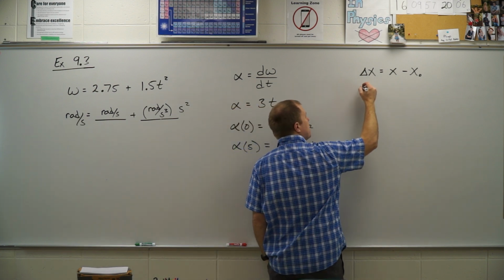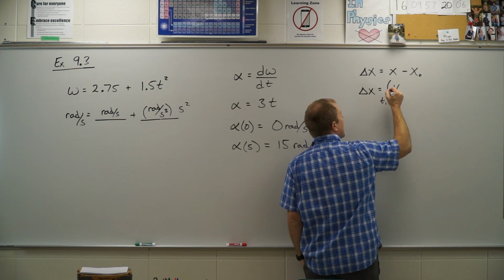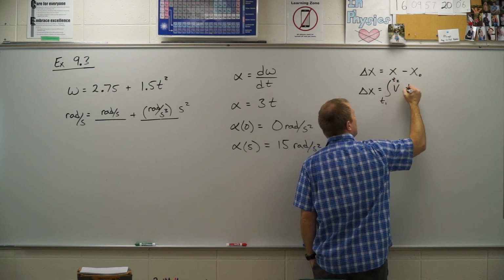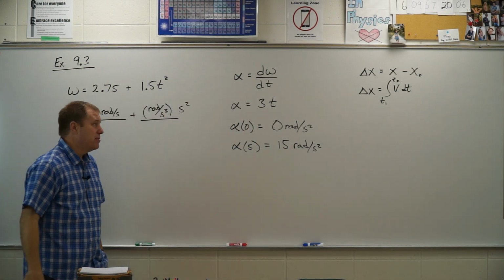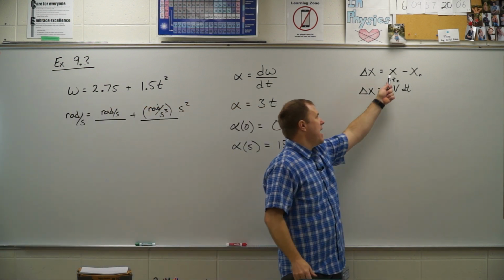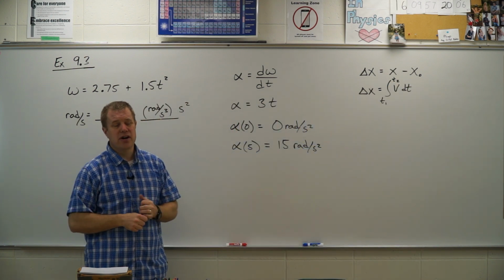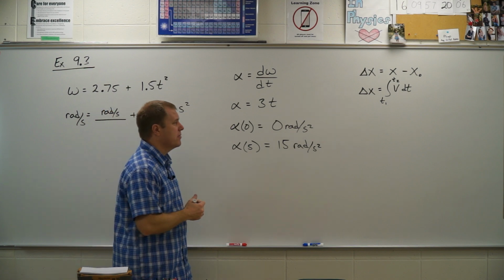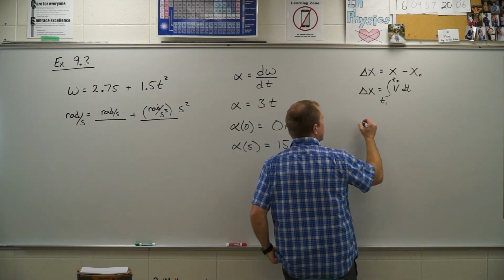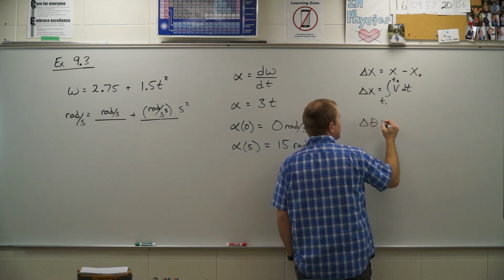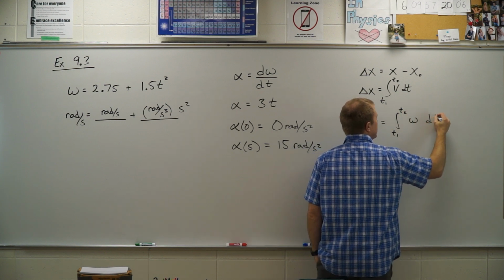Or I can say it's equal to the integral from time 1 to time 2 of my velocity function dt. That's the method I'm going to use here, because in order to get my x and my x naught, I would need to know where it started. I could just choose it to start at 0, but let's do the second one, because we can just math 9 that thing. So for the first 2 seconds, similarly, delta theta is going to be the integral from t1 to t2 of my omega function dt.